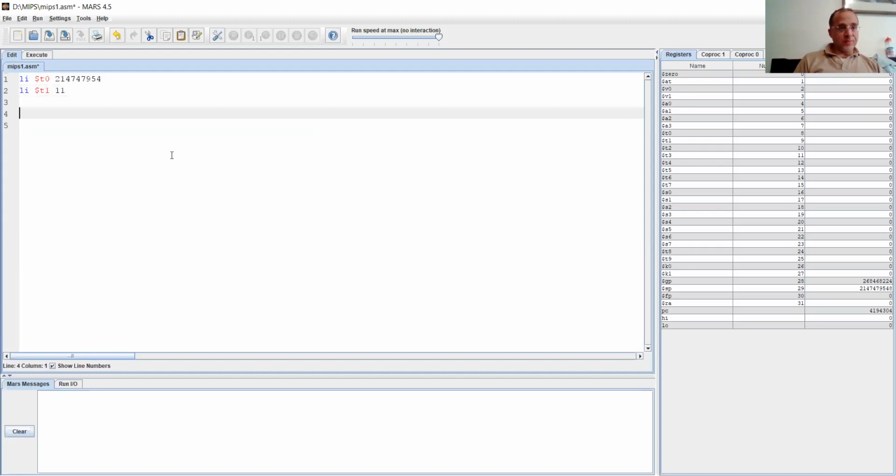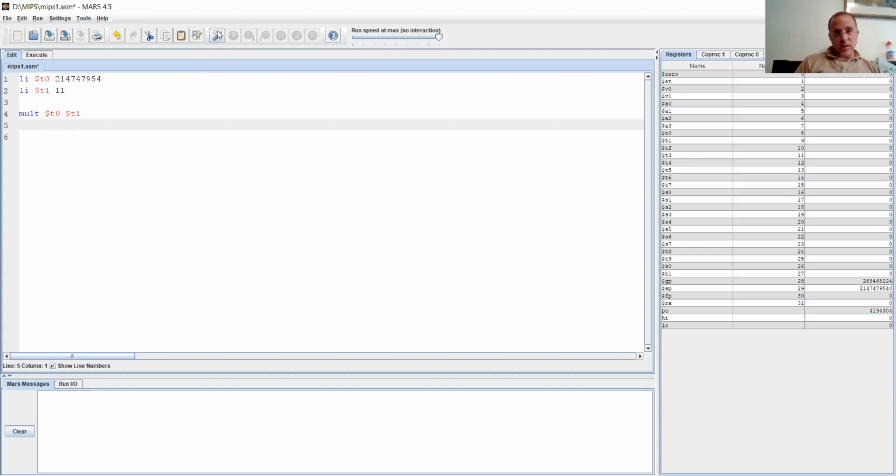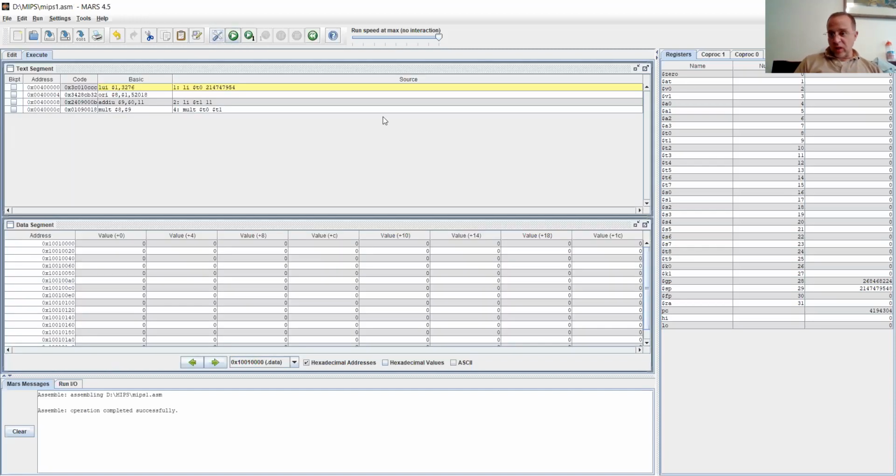Now that's a big number. And then I do mult $T0, $T1. Okay, so now if I do run or compile, just look at the high and the low. They're both 0. Now I run it and they're not 0. Well, high is 0, but low isn't.